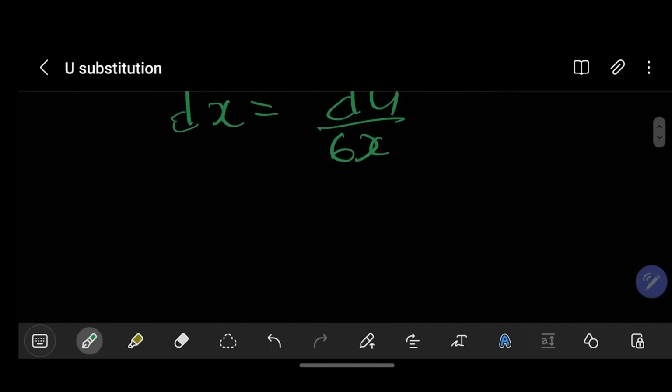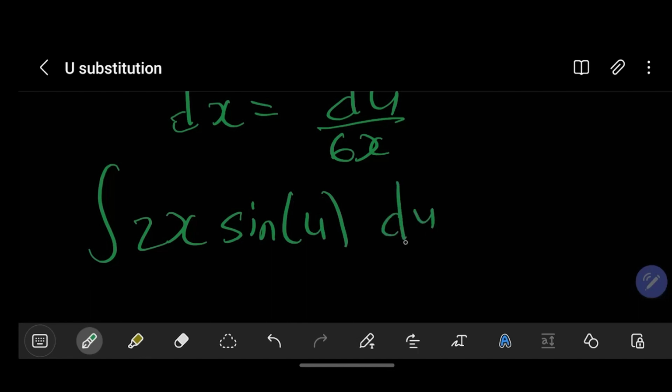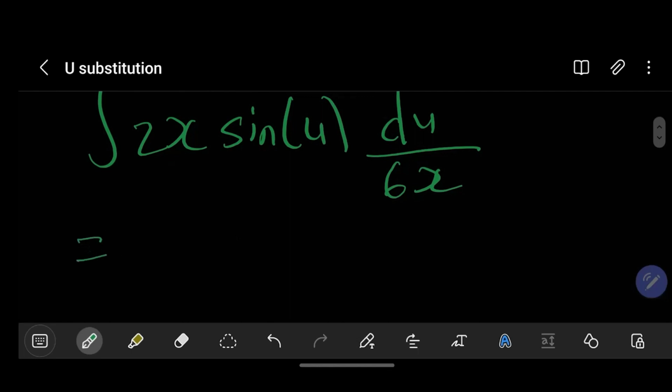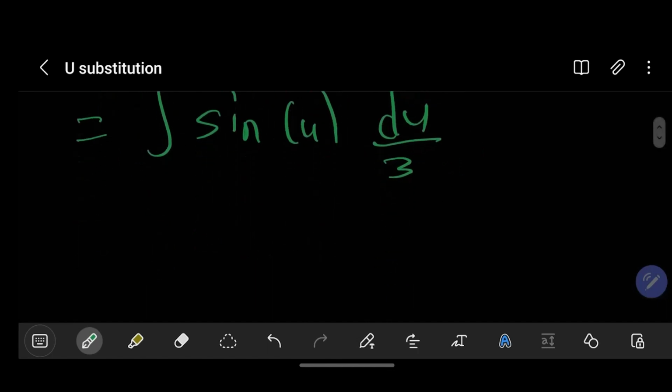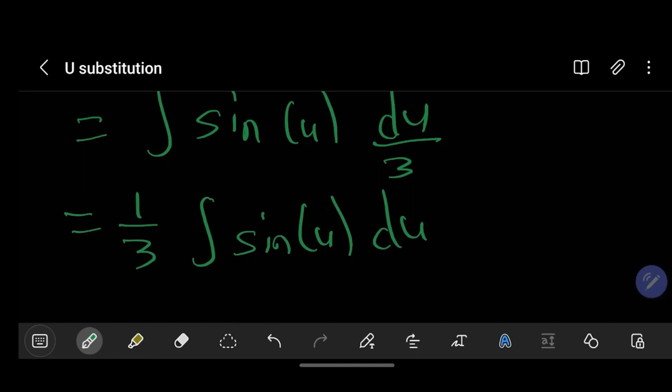So substituting for u, we'll have the integral of 2x sine of u du all over 6x, and the x and x will cancel out. The 2 can go into 6 3 times, so we'll have the integral of sine u du over 3, and this can be rewritten as 1 over 3 the integral of sine of u du.